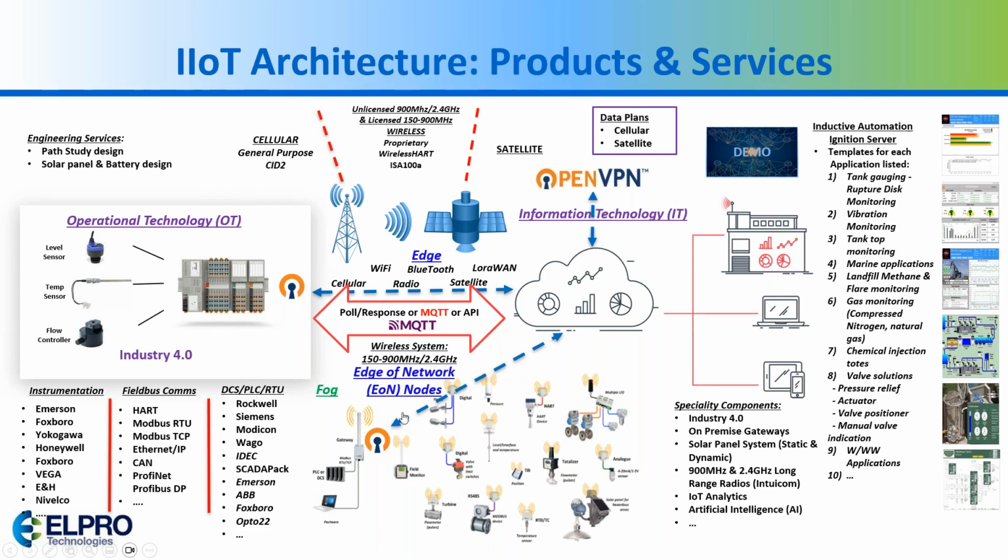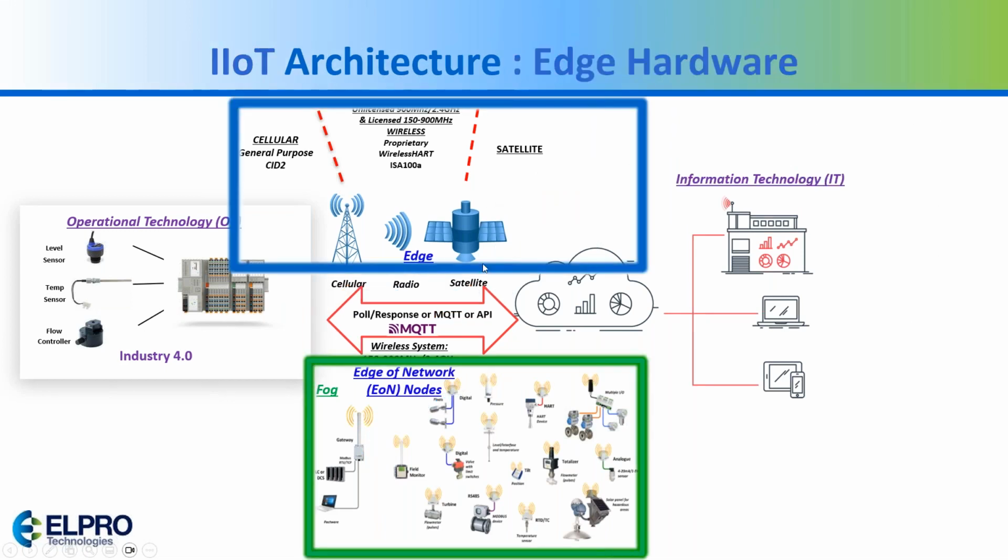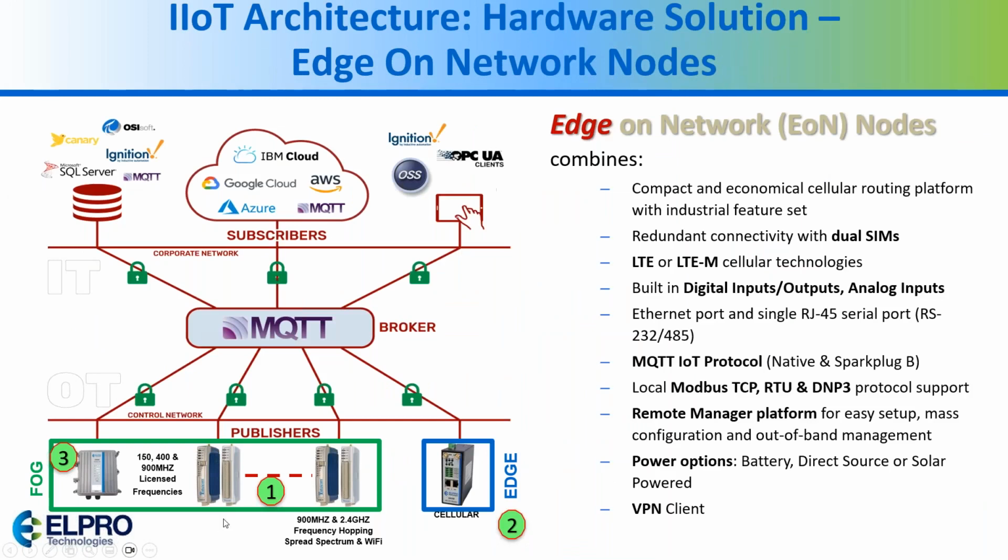In between there, the hardware is where we have a lot of different options within what they call the fog, which keeps you in that OT or on-premise area. And then on the edge, we're able to pass this data up to the cloud via a cellular connection. So these are the 2 areas that we have hardware.